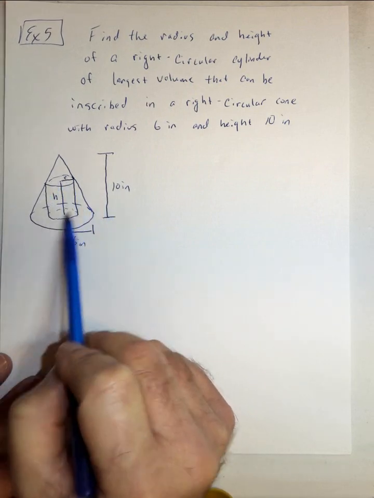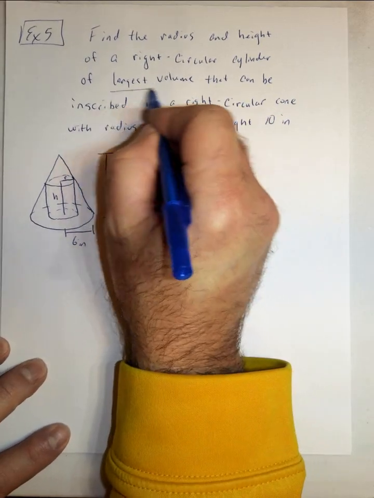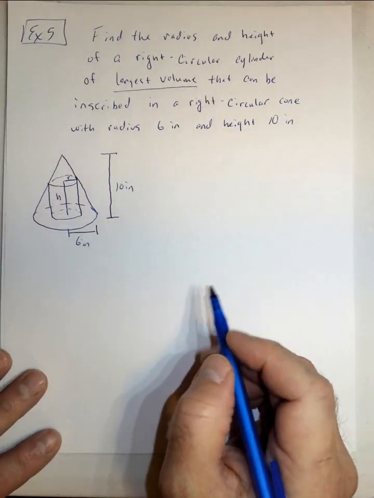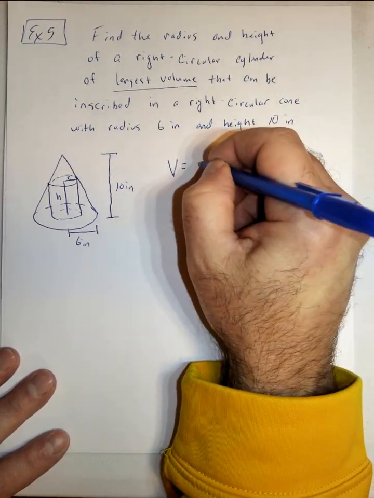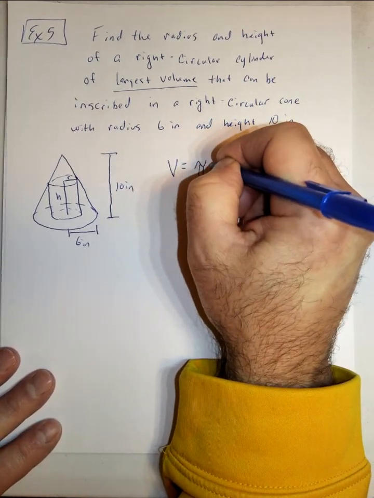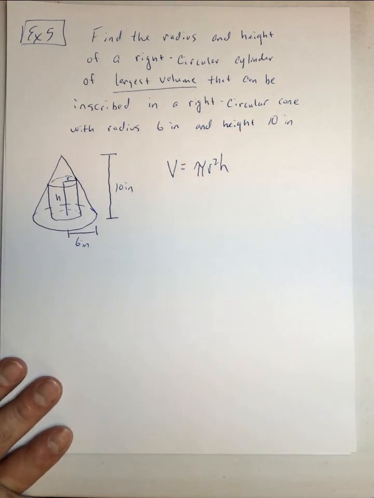So we're trying to find the largest volume of this particular cylinder. So again, largest volume is what we're trying to maximize. So we are going to get our volume equation, because it's a cylinder, that becomes pi r squared h.